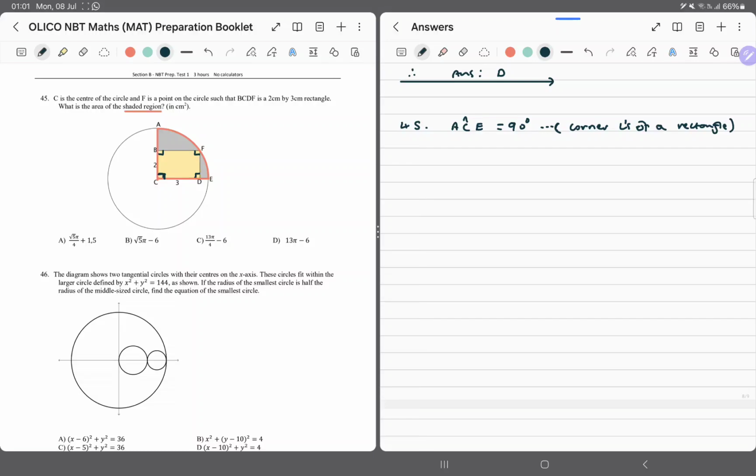Now, with this in mind, we can see here then that the area of the shaded region is equal to the area of a quarter circle minus the area of a rectangle.